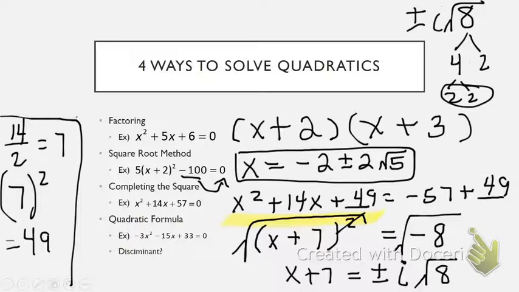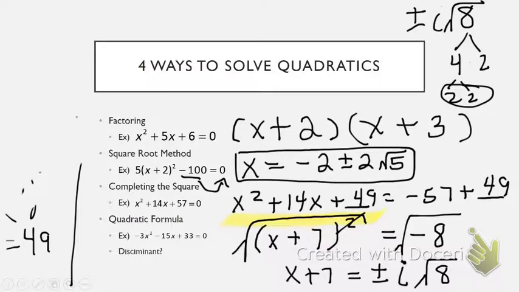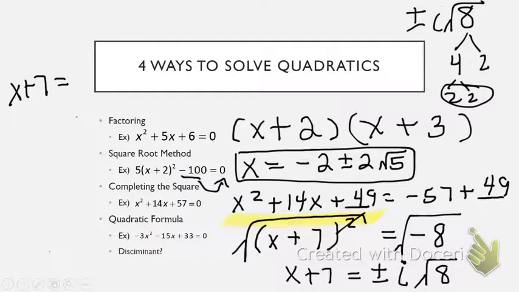So, I'm going to erase my little notes box. I'm going to do what I did before. I'm going to come over here and write that. x plus 7 equals plus or minus i. Okay, wait, I did this wrong. We simplified it.